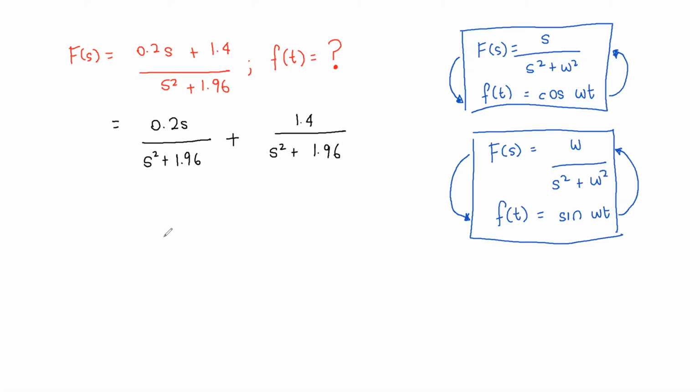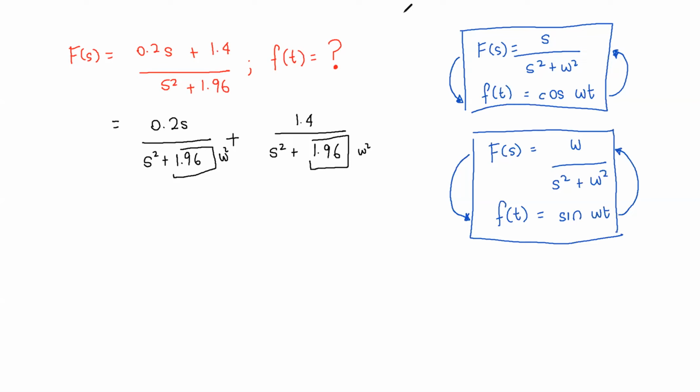So let's go back to our original function. We need to convert this 1.96 into omega square, and the other 1.96 into omega square as well. So what is omega here?